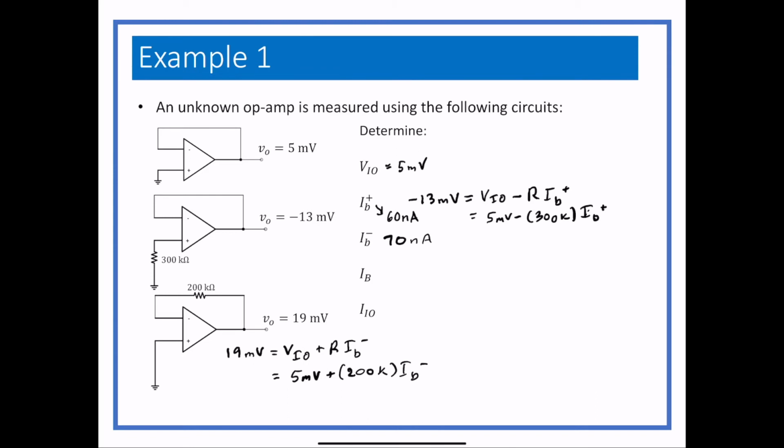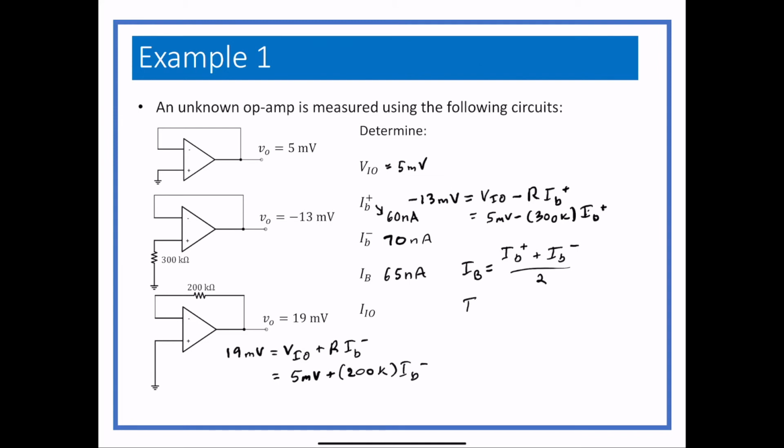Finding IB and IIO, all we do is find the average. So IB is just going to equal IB plus, IB minus over 2. And when I get the average, I get 65 nanoamps.